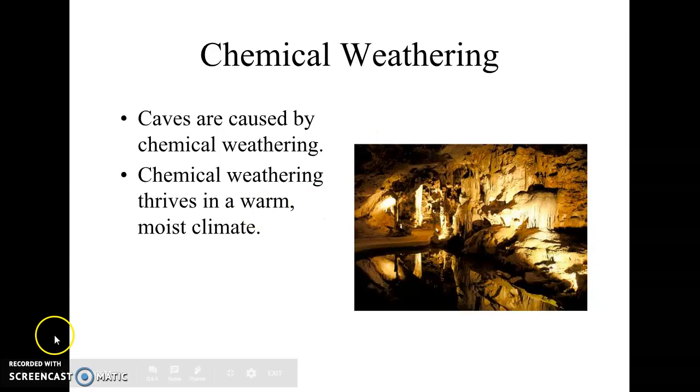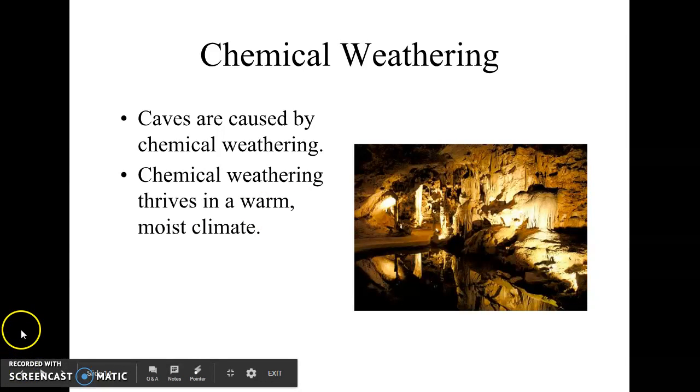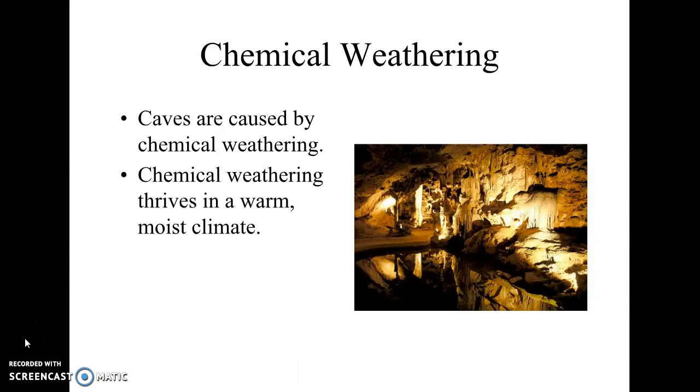Okay. And so the karst topography, remember karst means caves, sinkholes found in limestone. And chemical weathering thrives in a tropical climate. That tells you a lot about the Valley and Ridge province.